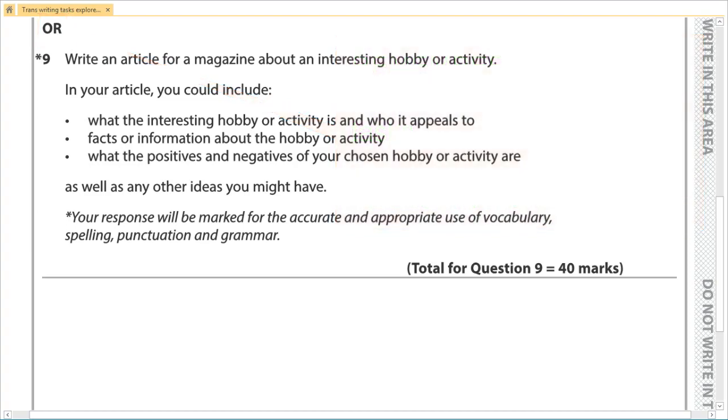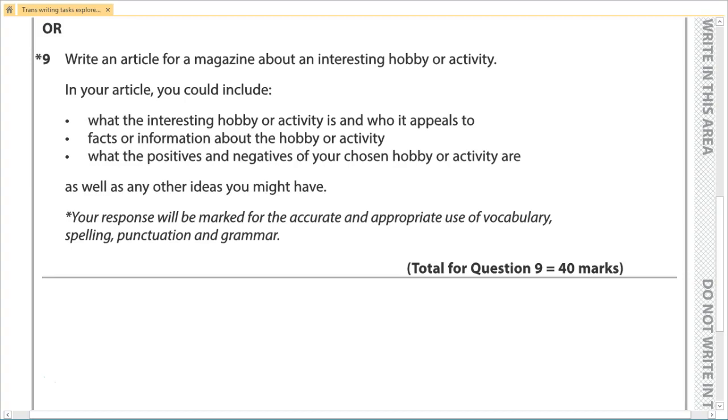Question 9 asks you to write an article for a magazine about an interesting hobby or activity. Again, you can see the link there in terms of the theme to the two non-fiction texts. Aaron Ralston was a climber, he goes climbing, that's his hobby. Ernest Shackleton was an explorer, his activity was trying to cross the Antarctic. So you can see the link there.